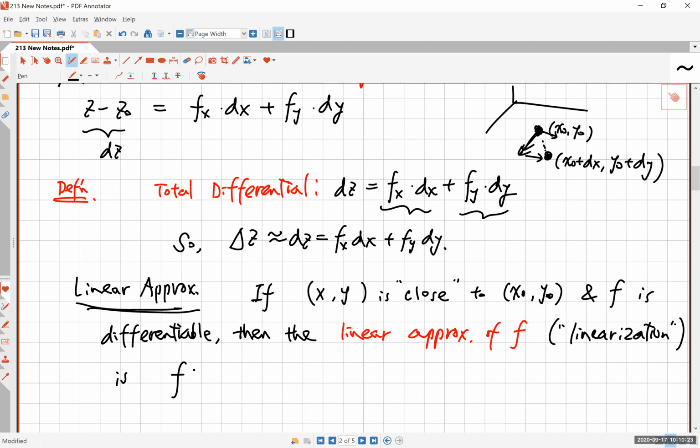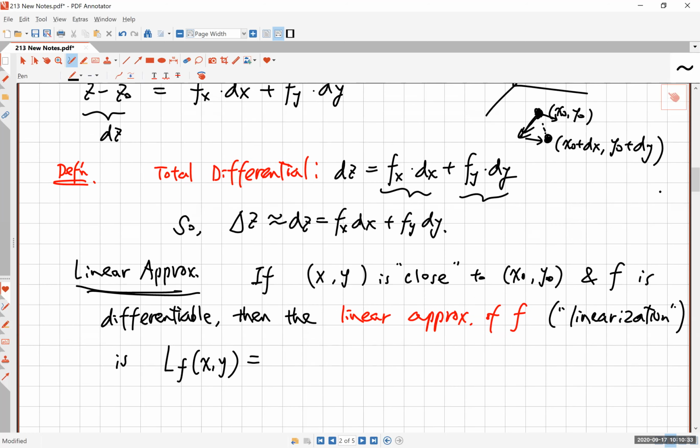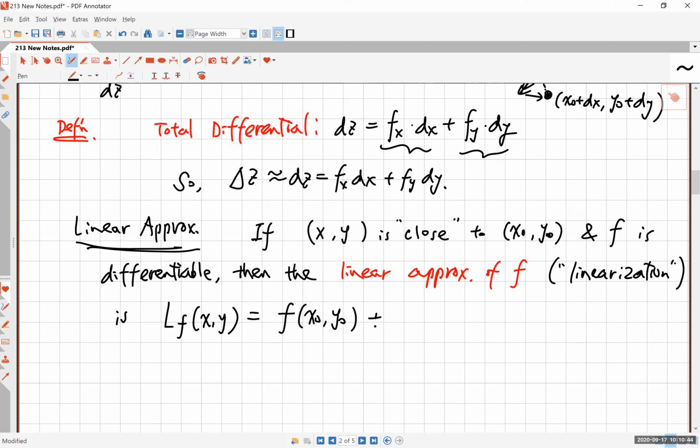It's L, and then you can say L sub f or something. You first evaluate this function at x naught, y naught. That is the actual value of z naught. And then you just add the differential.